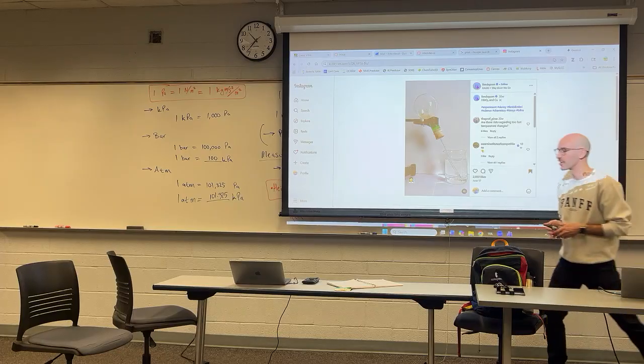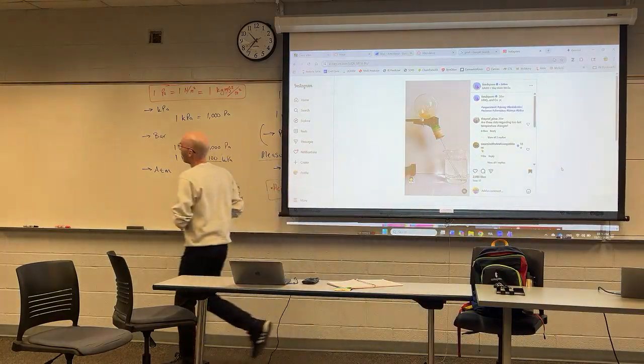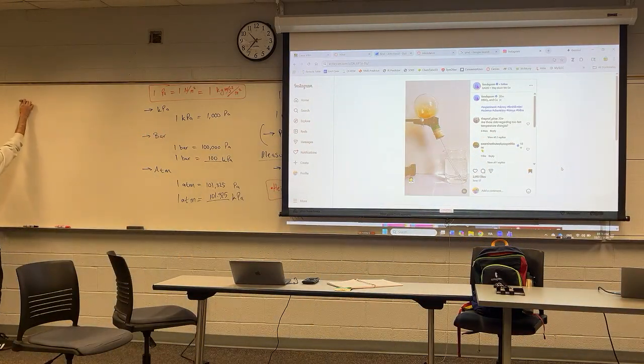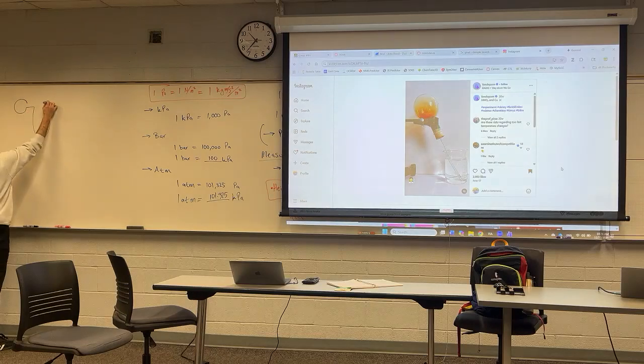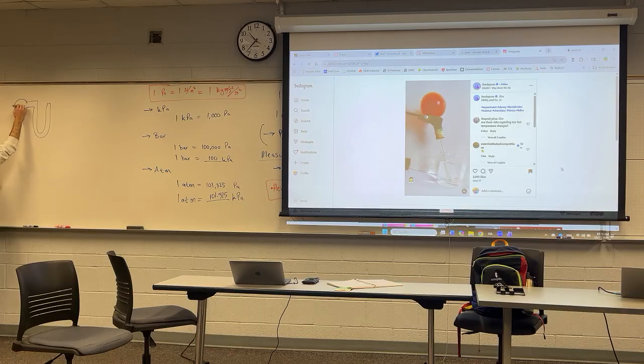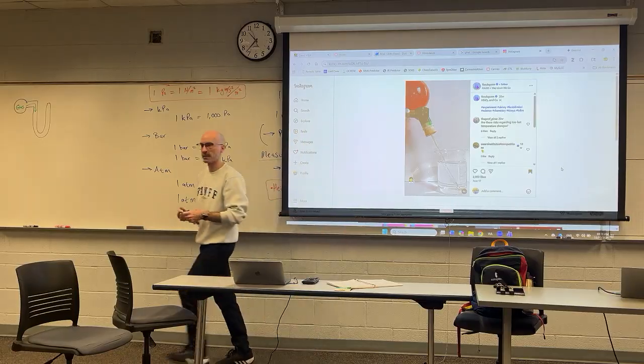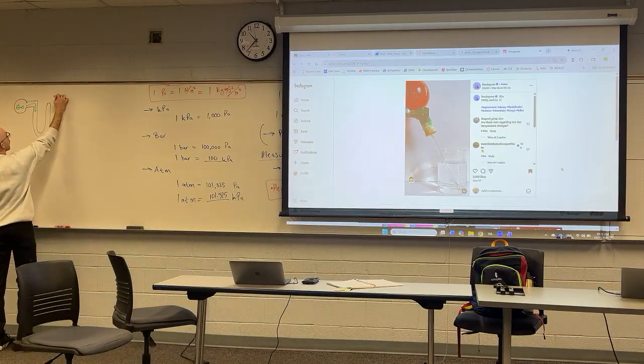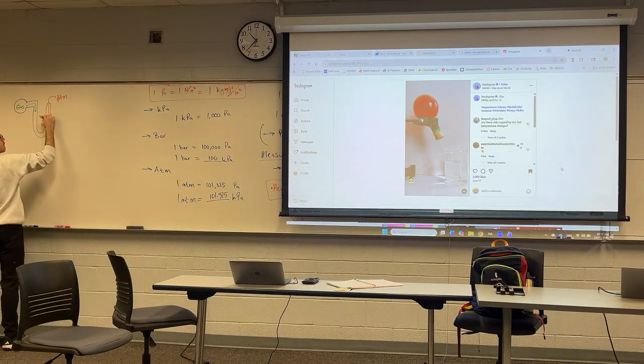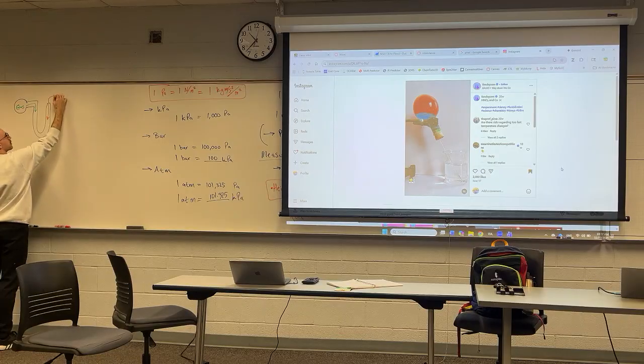All right, let's look at another drawing of our manometer. U-shaped tube. What could I draw the water levels like if the gas was at a higher pressure than my atmosphere? Or sorry, this was just pressure.